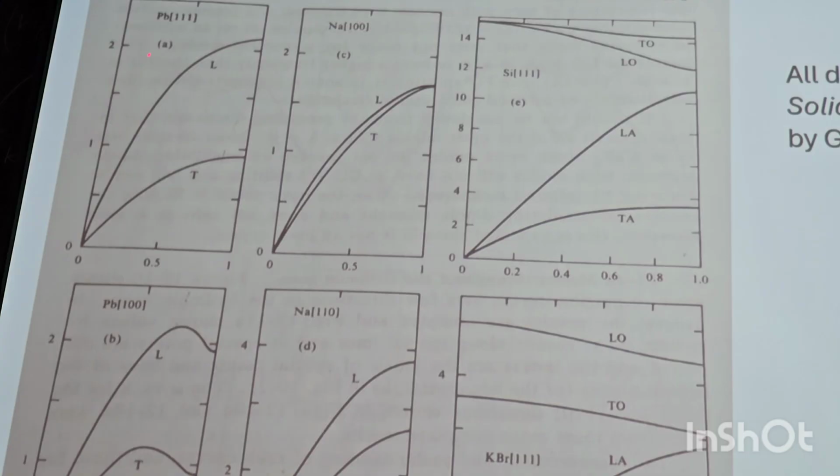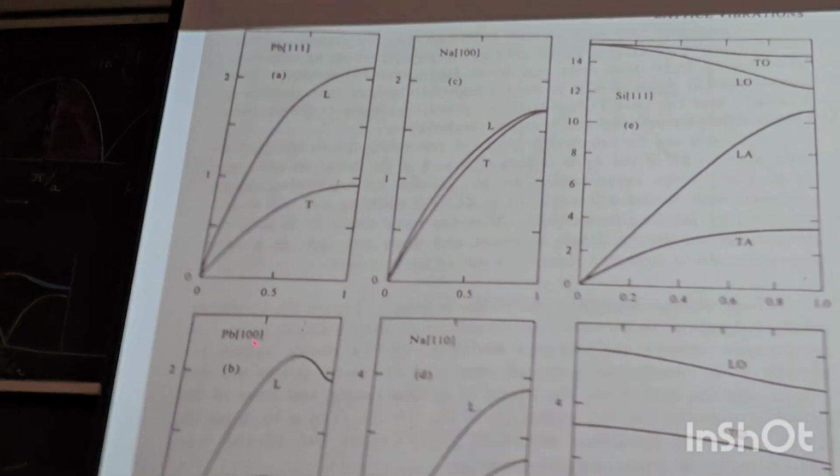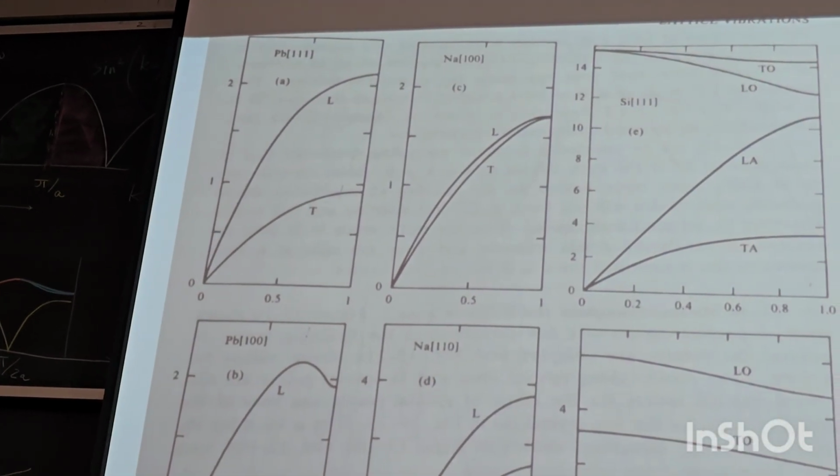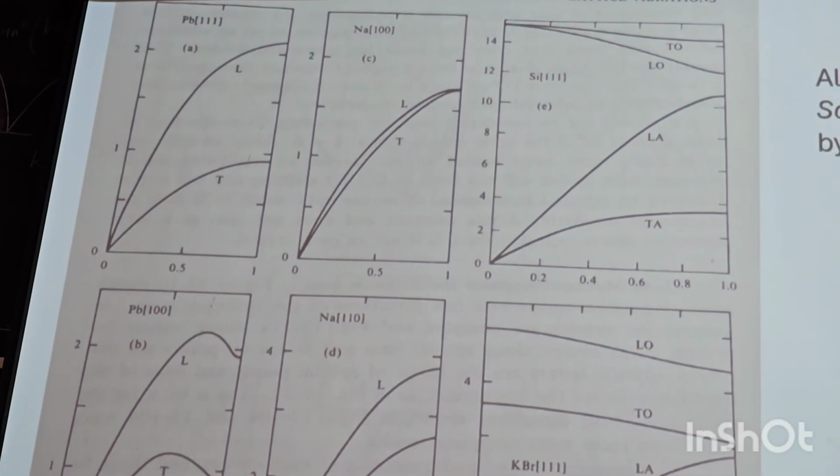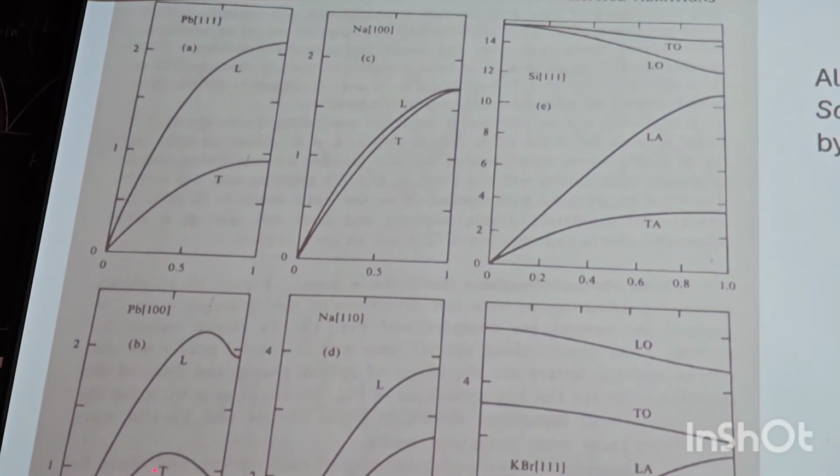Along a different direction, along this 1, 0, 0 direction, this is along the body diagonal, this is along the edge, the dispersion relationship changes. So it slopes down a little bit, but still the transverse acoustic branches, they are degenerate.